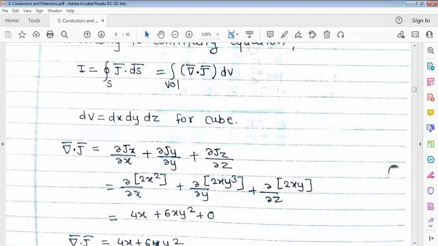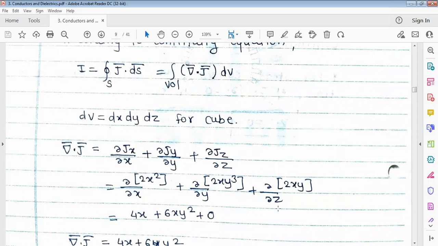Okay, so if we put the values here, then just differentiate. ∂/∂x of 2x square is nothing but 4x, right? Plus ∂/∂y of 2xy cube: 2x is constant, and for y cube it is 3y square, so 3 into 2, 6xy square, right?